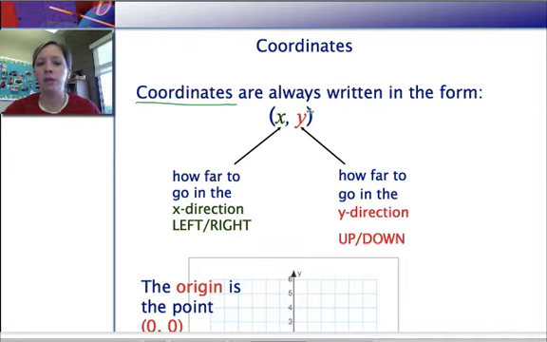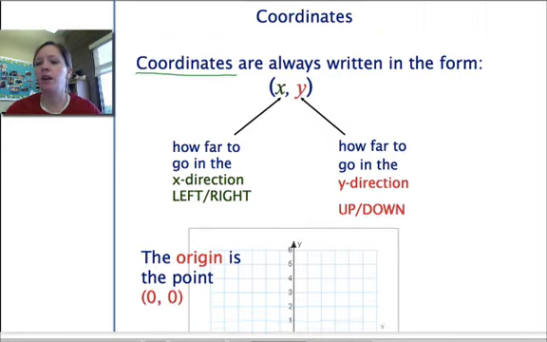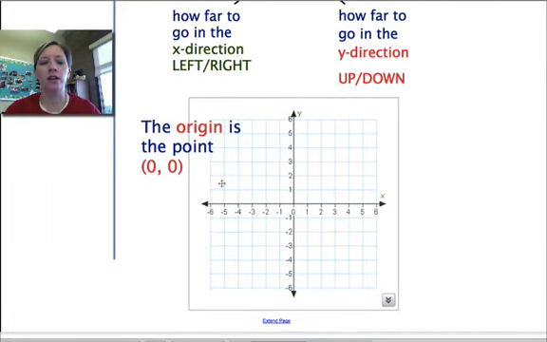The second coordinate gives me the y value, or how far to go in the y direction, or how far to go up and down. If we're looking at a graph, don't forget the origin is the point 0, 0. So I haven't traveled left or right any, I haven't traveled up or down any. So this point right here is called the origin. Okay?